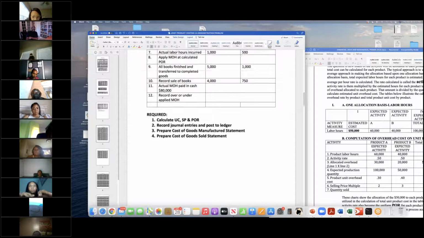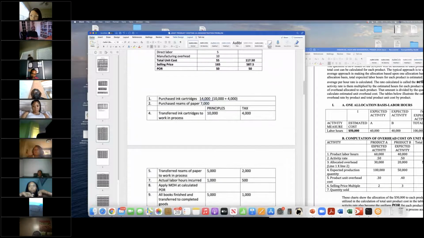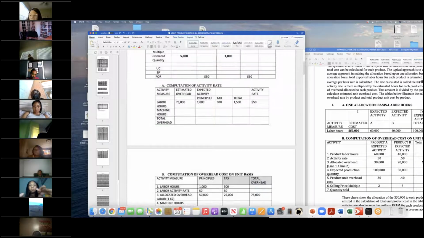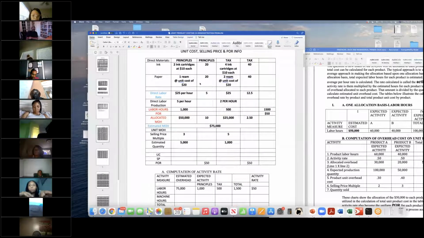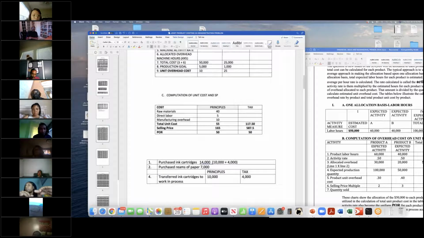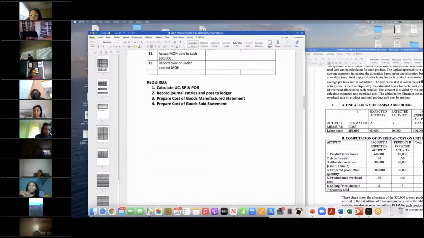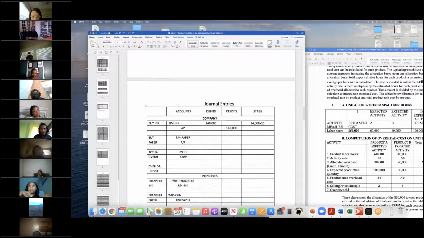Then we said that we were going to buy 7,000 reams of paper. The paper costs what? $20 each. So to do our calculation, we have 7,000 times 20.